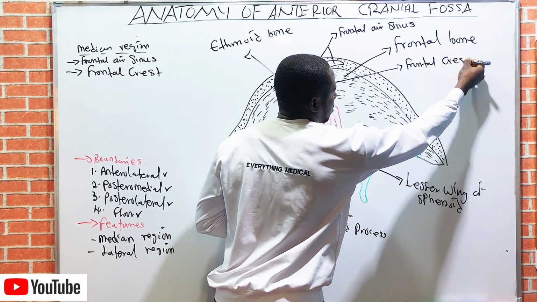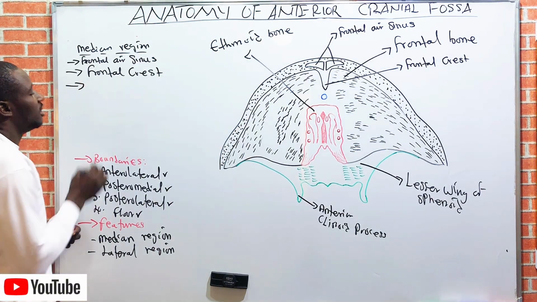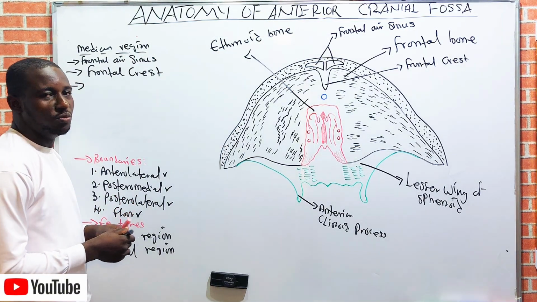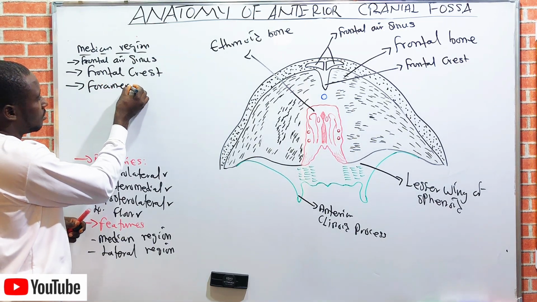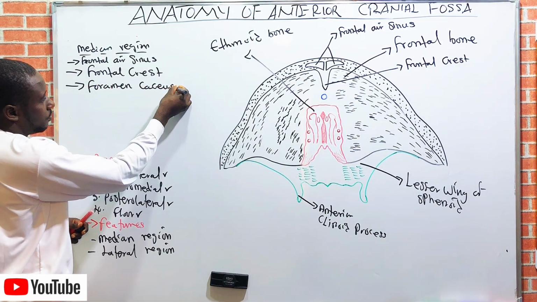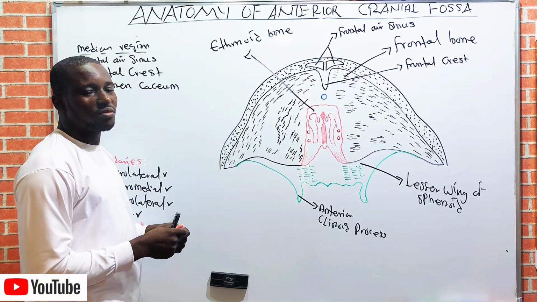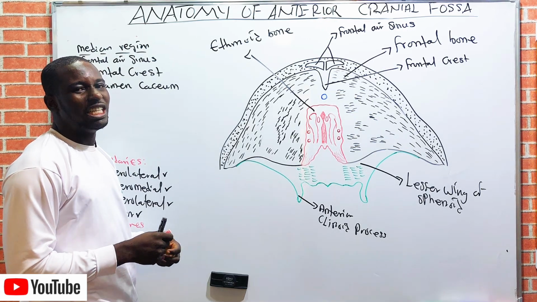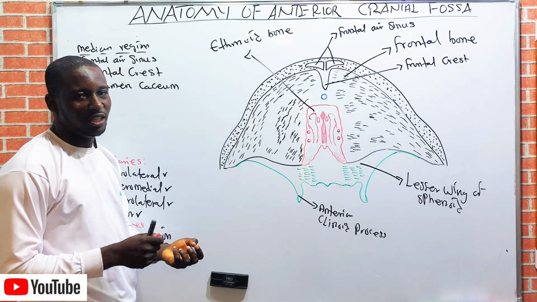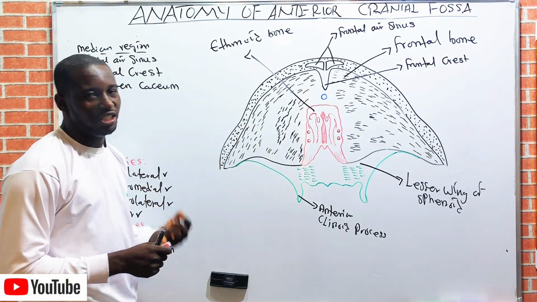The next one is the foramen caecum. The foramen caecum is a canal that transmits the emissary vein, because the emissary vein leaves the nasal cavity to communicate with the superior sagittal sinus in the cranial cavity.